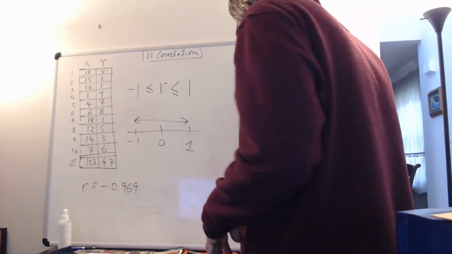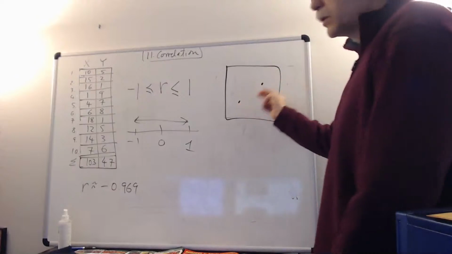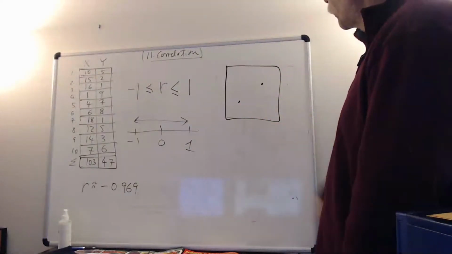If the sample is very small, so for example, here is my small sample. All right? Two pieces of data in the sample only.